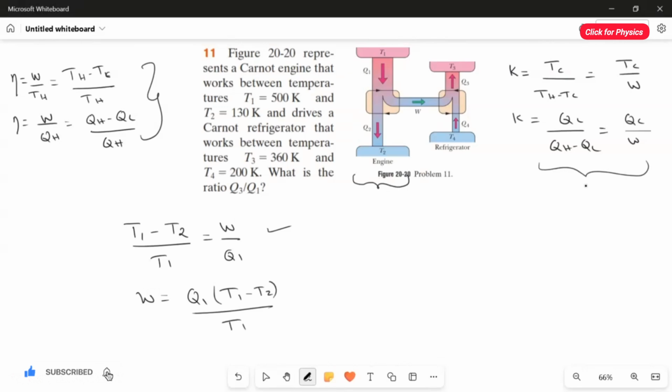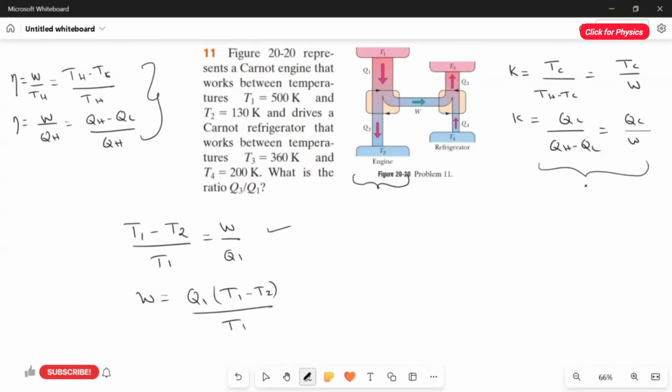I applied these values in the formula and rearranged it in terms of work done, so Q1 comes here: Q1 multiplied by T1 minus T2 over T1. I just finished this formula for the Carnot engine.